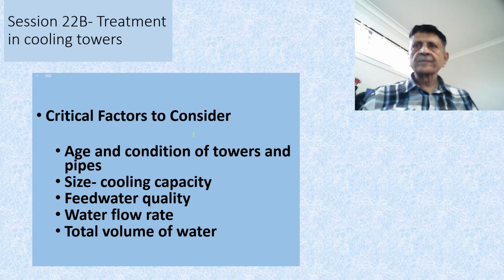It should not have algae or any other vegetation that can flow through and cause clogging of the small copper pipes which are in the condenser or heat exchanger.